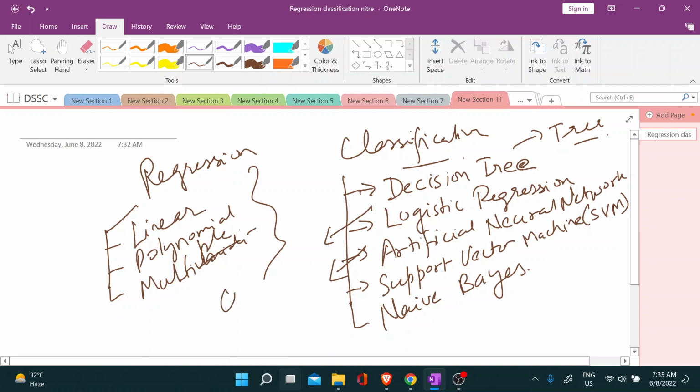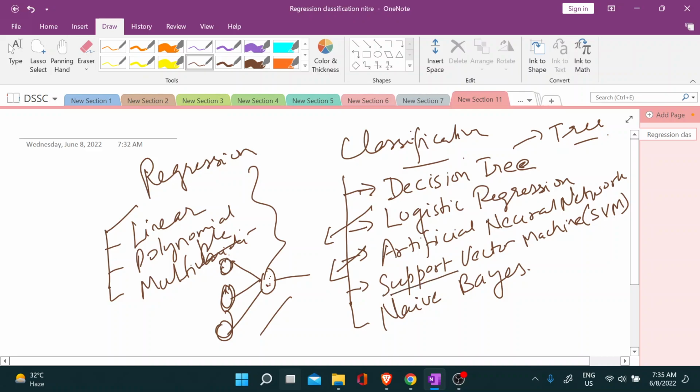We have a neuron based system with an input layer and an output layer, and a mathematical function which we call the activation function, which establishes the relation between the input and output layers. So ANN is based on neural networks.